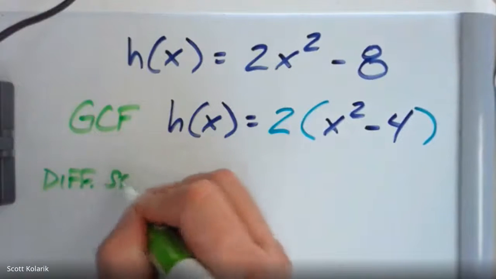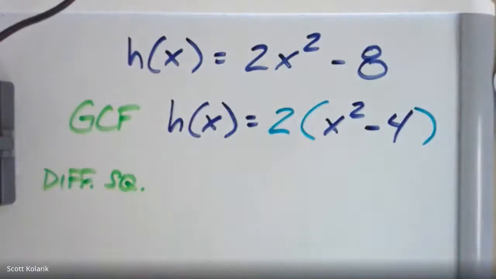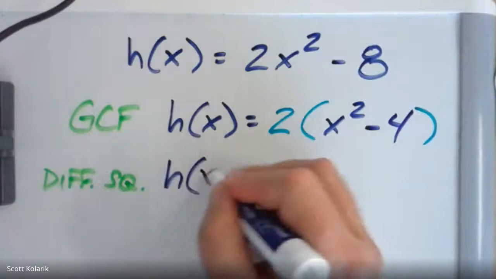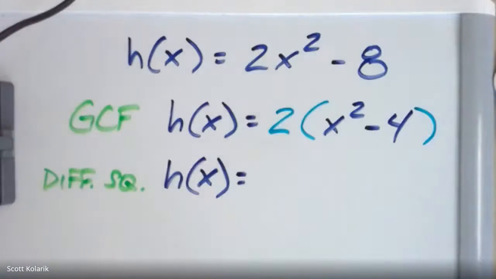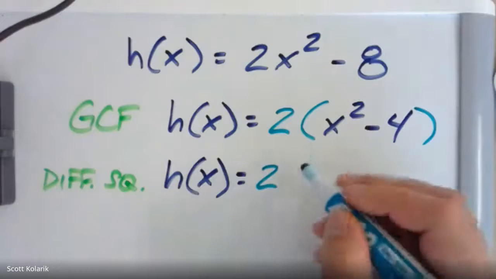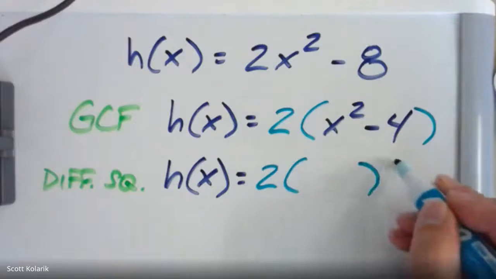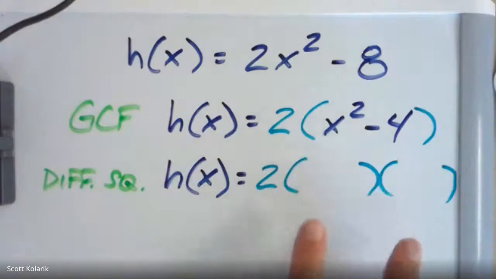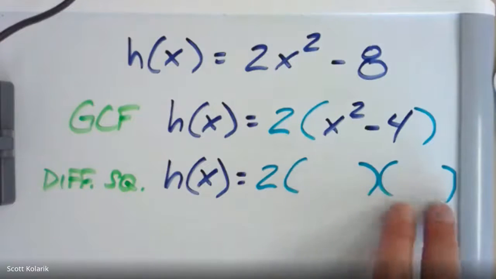Difference of squares. So it's still h of x. Nothing's changed the function. I'm not changing any of the values, I'm just rearranging it. And so this 2, this greatest common factor, is still out in front. But now when I break up this other factor, this x squared minus 4, I'm going to end up with 2 binomials.